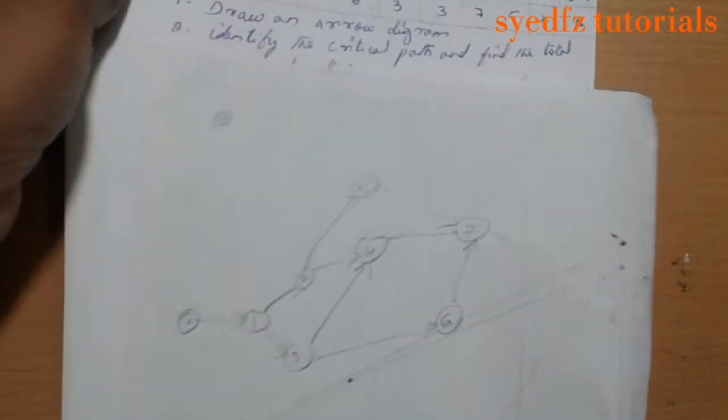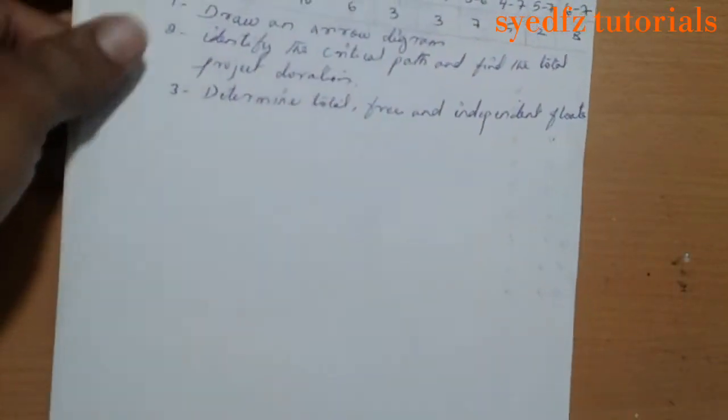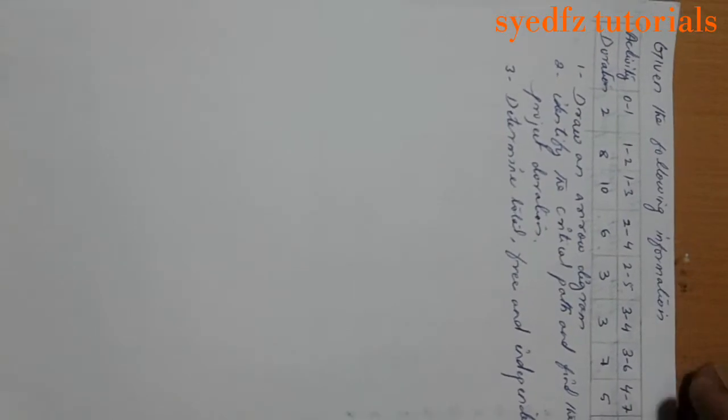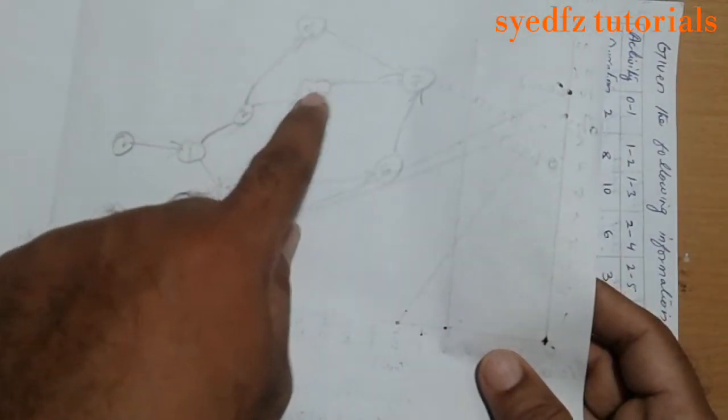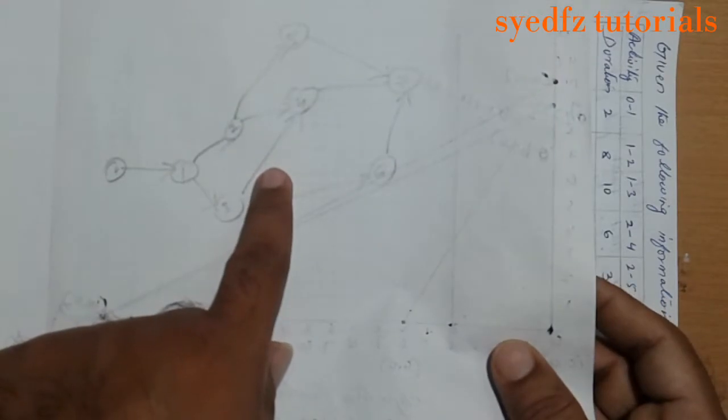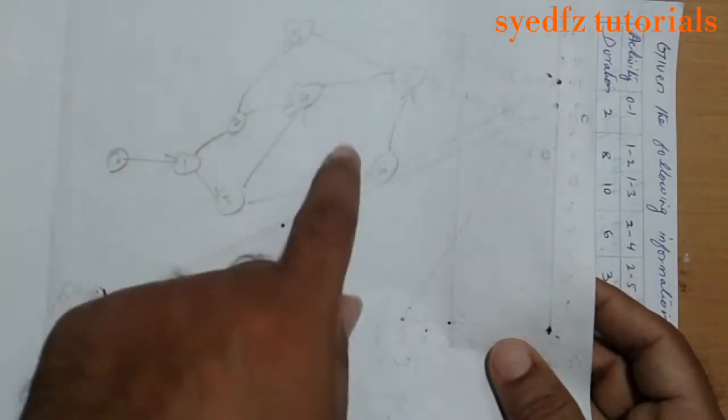Let's see the network first. Let's draw the network with heads. Heads means round circles like this, but drawn in a clear manner, so that these 4 can be here and these 5 can be here, which makes the diagram easy.